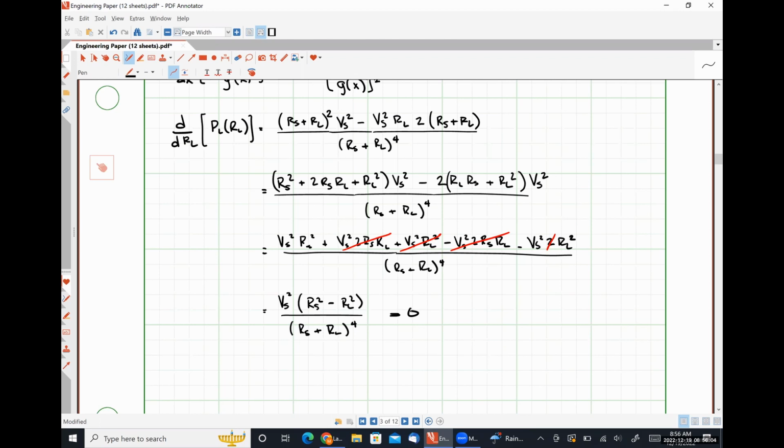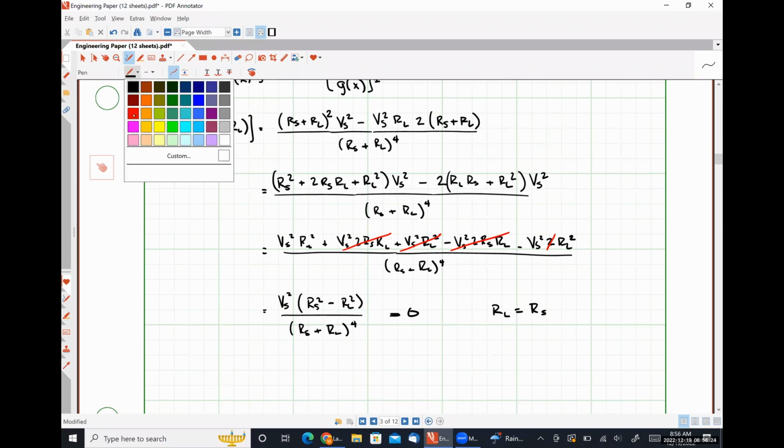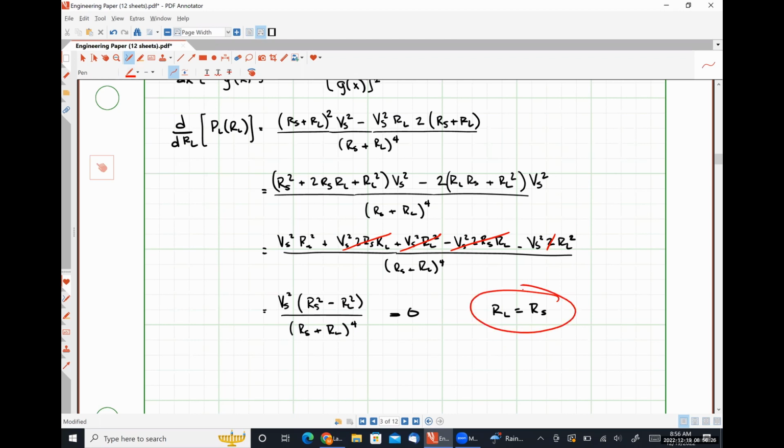Okay, so what happens if we were to take the square root of both sides? You're nickel and diming me here. When RL is equal to RS, we have maximum power transfer, right? Because we don't have negative resistances. Okay. So this is our condition for maximum power transfer to occur.